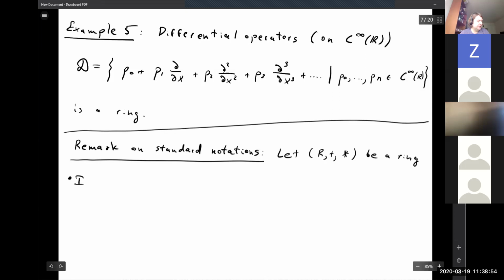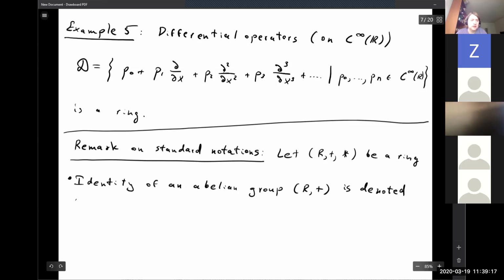Now, the identity of the abelian group R plus is denoted by 0.